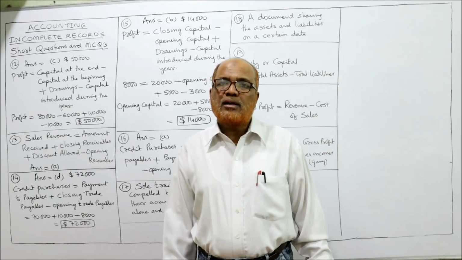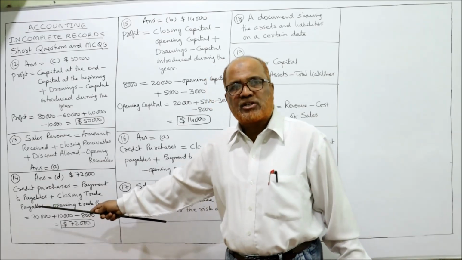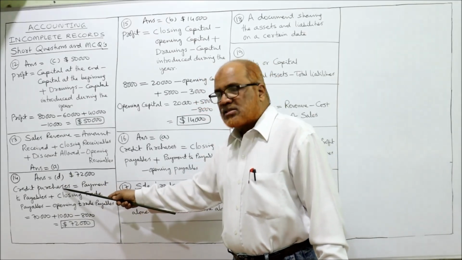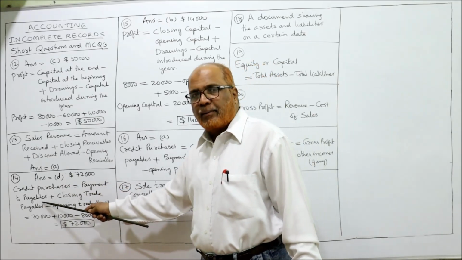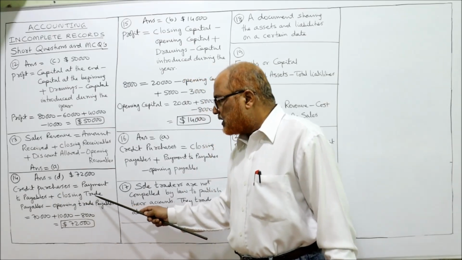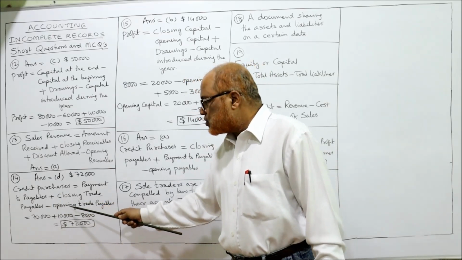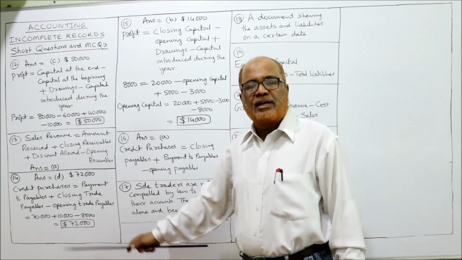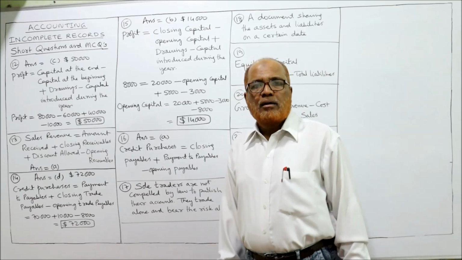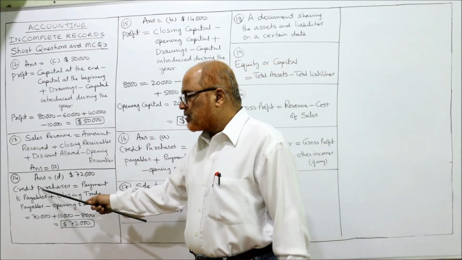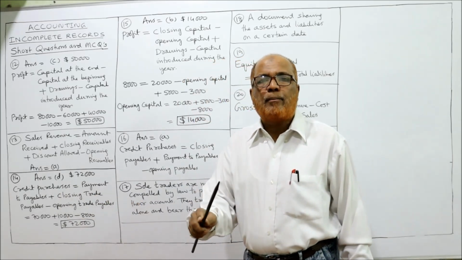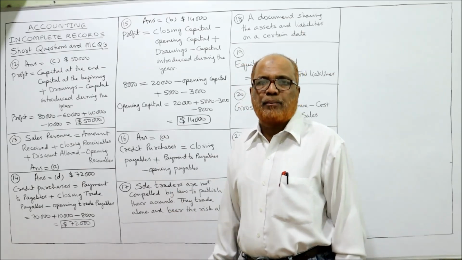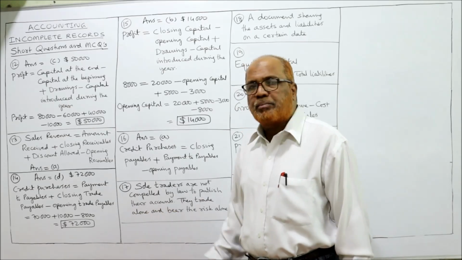$72,000 is the answer. How did we get it? I'm explaining here. Credit purchase is equal to payment to payables plus closing trade payables minus opening trade payables. Very easy. The only thing you have to remember is the equation, the formula.